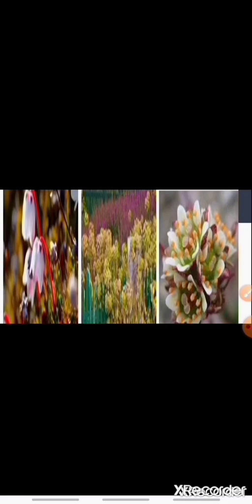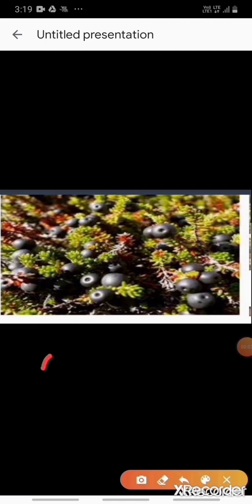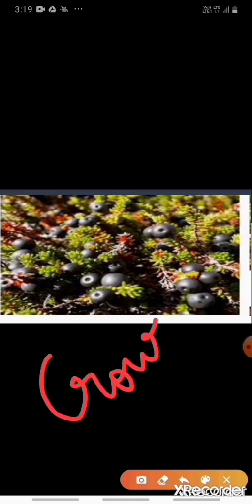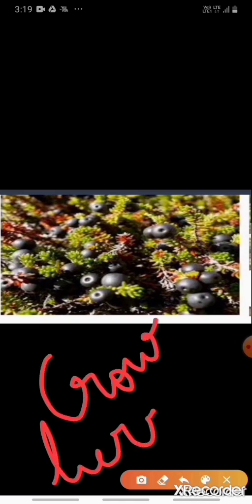In northern grassland, the ground is covered with a carpet of mosses and low-lying shrubs such as crowberries. Children, these are the images of crowberries.